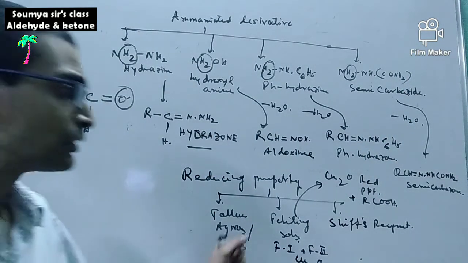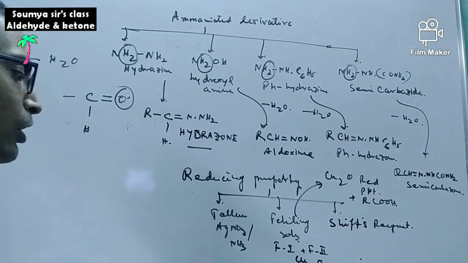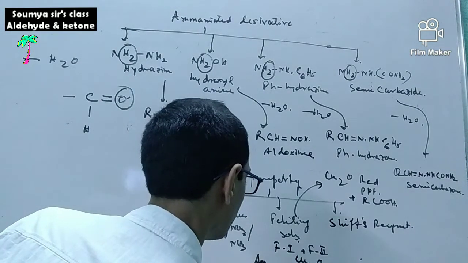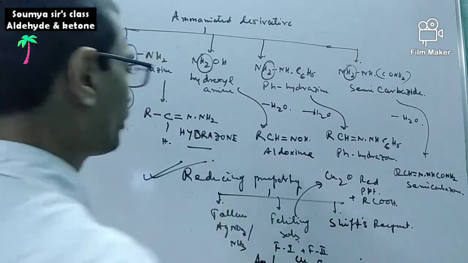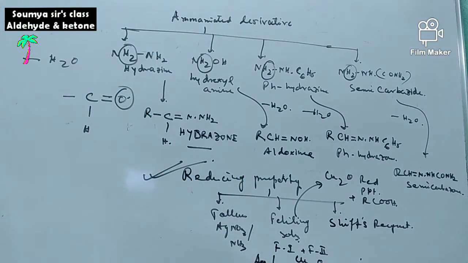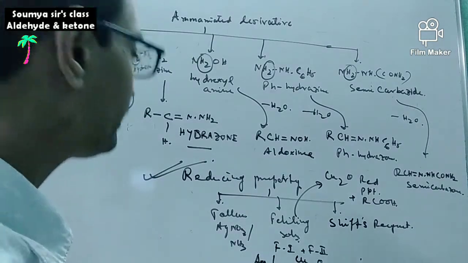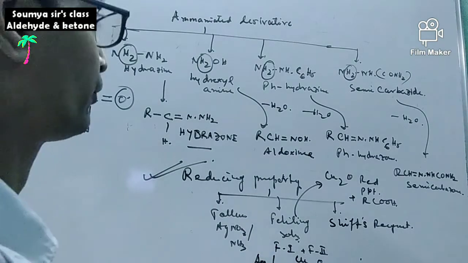Clear? So Fehling solution and the silver nitrate ammonia combination, Tollens' reagent, will give silver mirror precipitation. This reducing property is the exclusive and remarkable property of aldehyde. That is why aldehyde has reducing property but ketone does not.